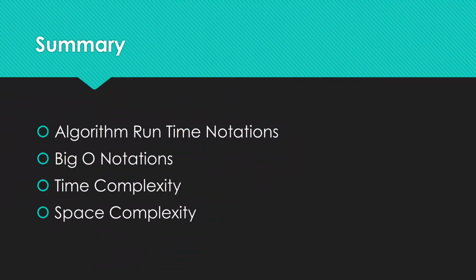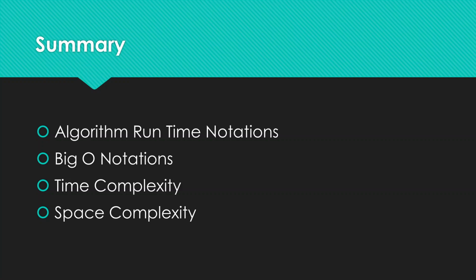Okay, so ladies and gentlemen, that is it. I hope you've been able to understand the different algorithm runtime notations: big O, big theta, and the other one was big what? So the worst case, the best case, and the average case.